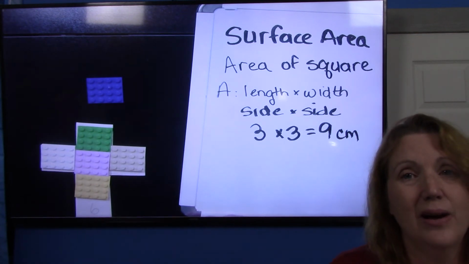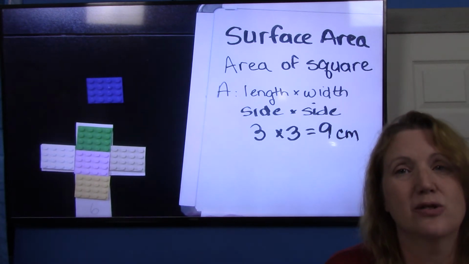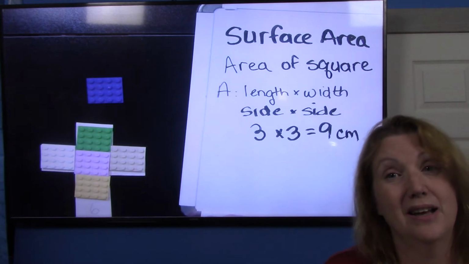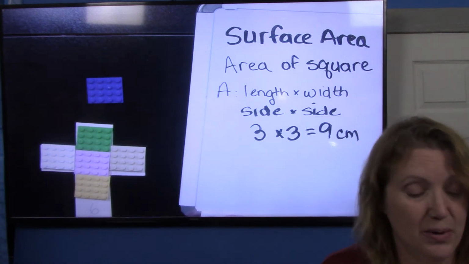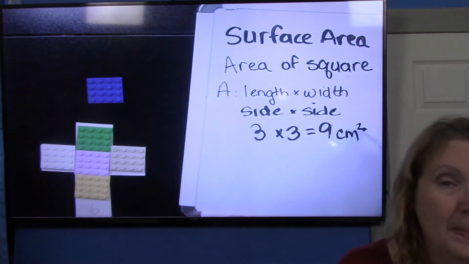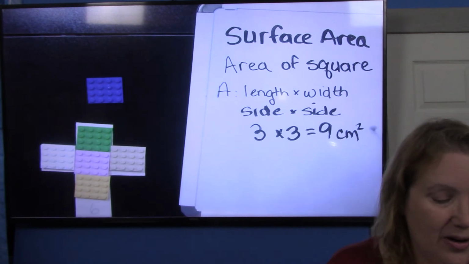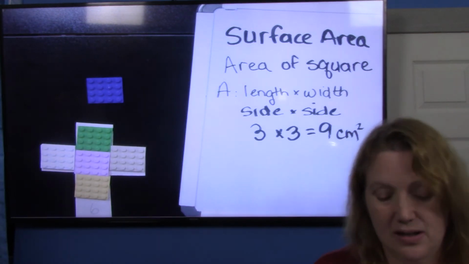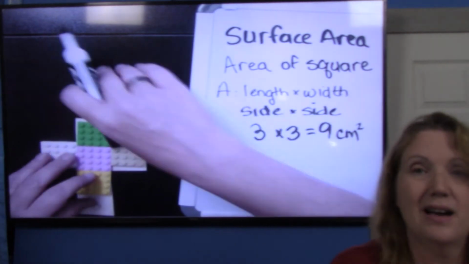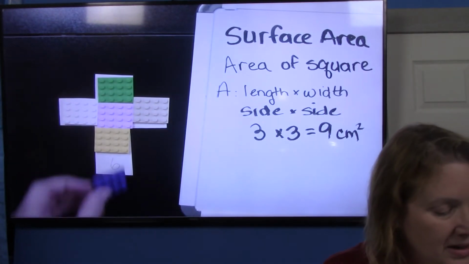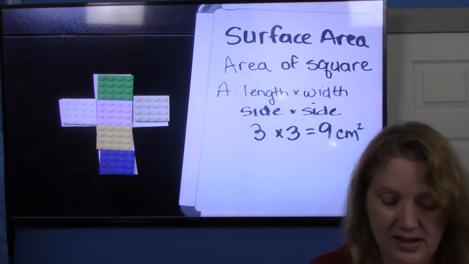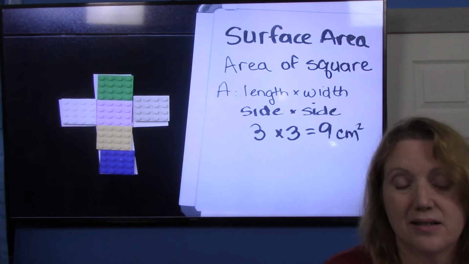And when it's area, we call it centimeters squared, oddly enough. Not just when we're doing squares, but we call it centimeters squared. So we put a little 2 up here like an exponent to show that it's squared. So let's go back to our net. Here I have all of these squares that are the same size.